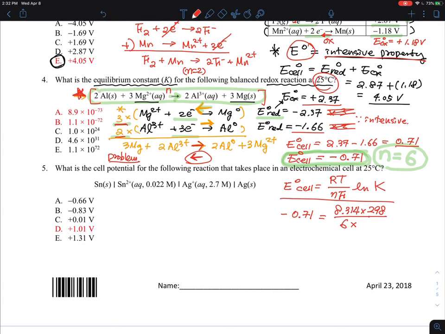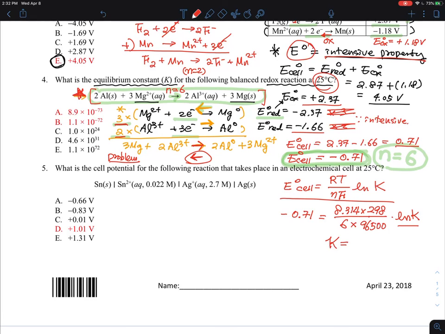So n is 6, and then 96500 is the Faraday constant, multiplied by ln K, right? So you just have to solve this for ln K and then K.